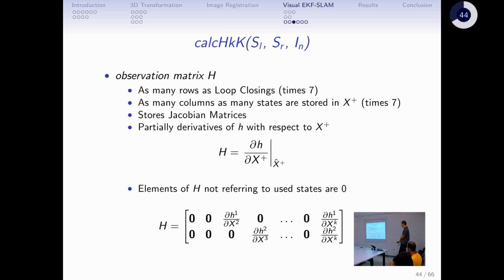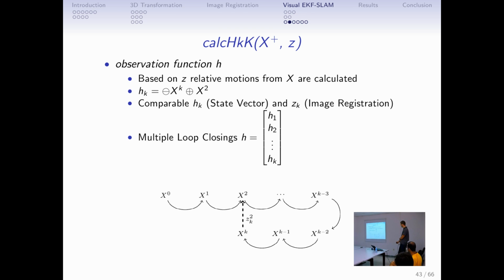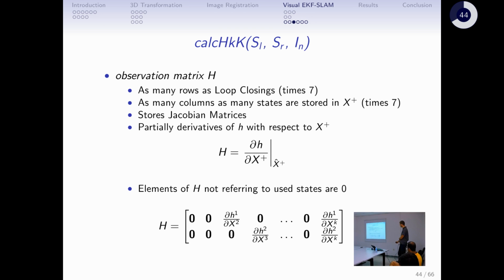This means, in this case, the states used for all loop closings are only xk and x2. So only the third position and the last position will have terms unequal to 0. For example, I put here another loop closing with the fourth position and the current state.